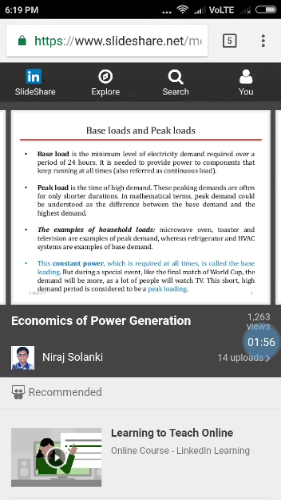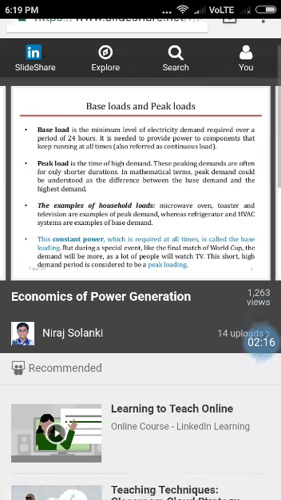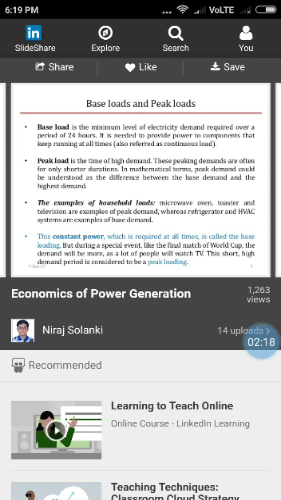Examples of household loads: microwave oven, toaster, and television are examples of peak demand, whereas refrigerator and HVAC systems are examples of base demand. This constant power, which is required at all times, is called the base loading.